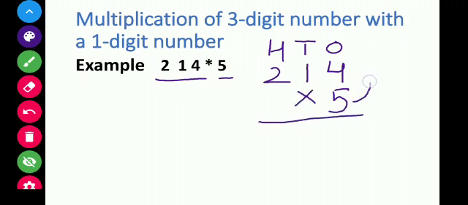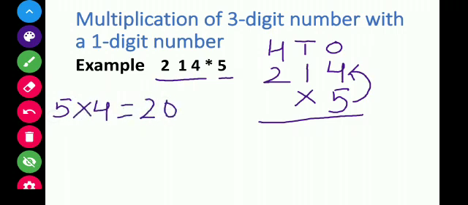Now read the table of 5 first with 4, a ones place digit. 5 fours are, children, how much? 20. We cannot write this 20 here. Why? Because this 20 is greater than 9. So we have to break it into ones and tens. 0 will come under ones, and this 2 will be carried over to the tens place.